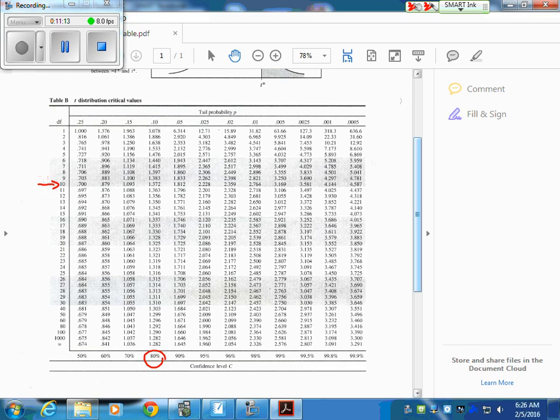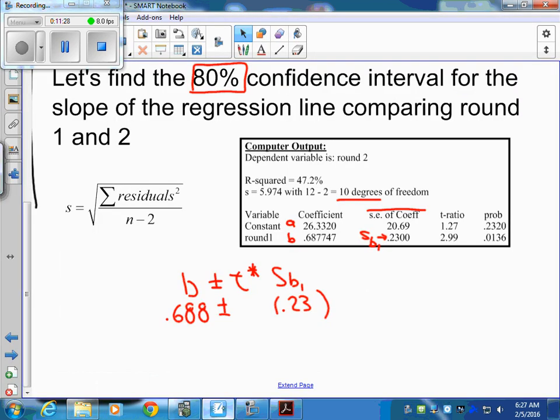And we just line it up to find our critical value for T for this confidence interval. We're spreading out 1.372 standard deviations in either direction of our value to be able to find this calculation. Now we've got all the pieces that we need.